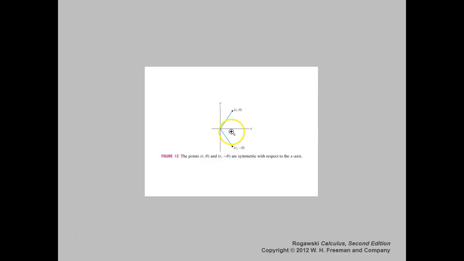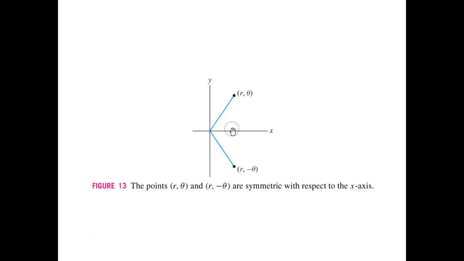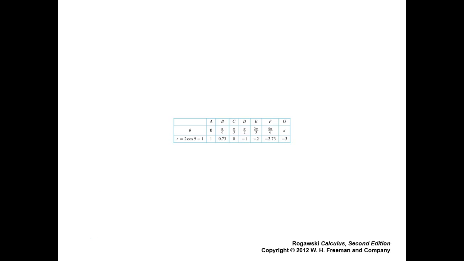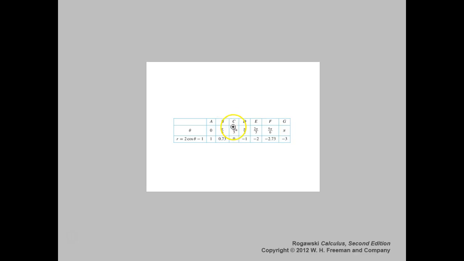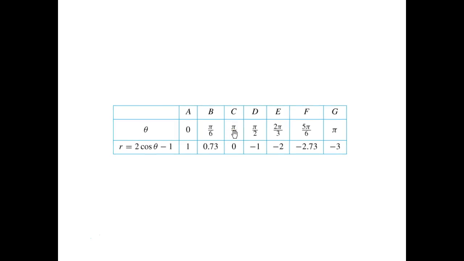And then they do a little bit on symmetry, and I don't know how important this is. R theta and R minus theta are symmetric with respect to the x-axis. Again, that seems pretty obvious. I don't know what this one is. It probably has a figure that goes with it.